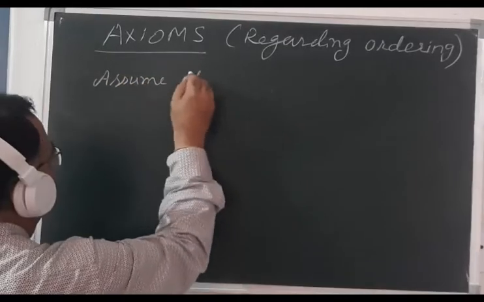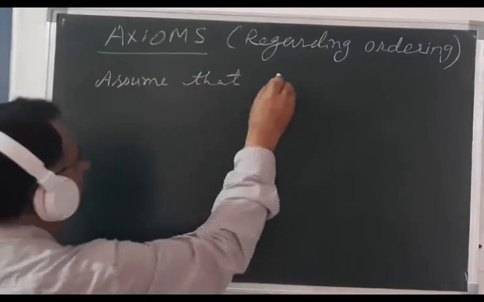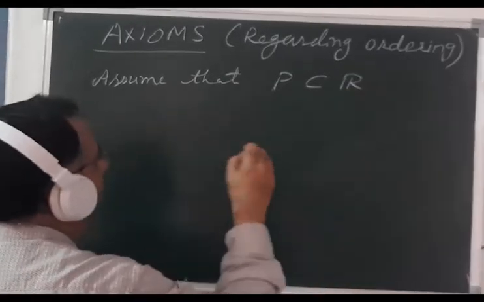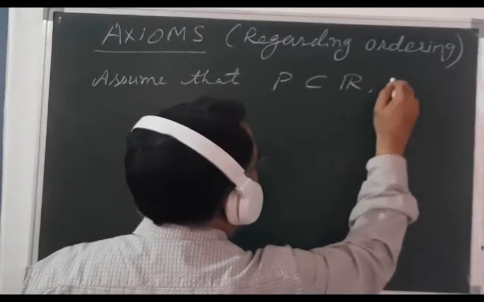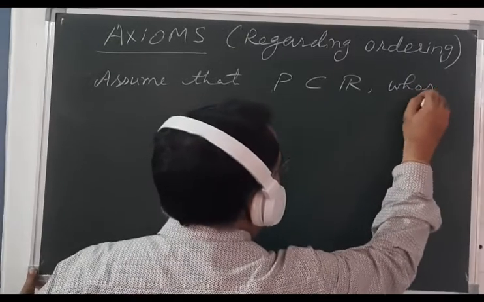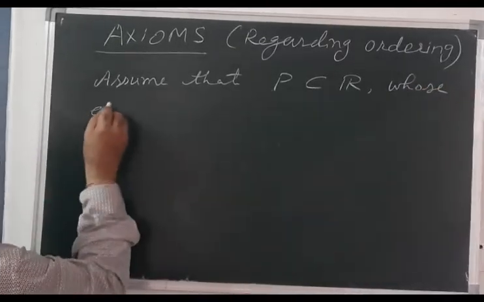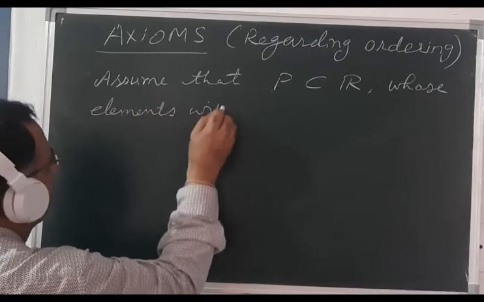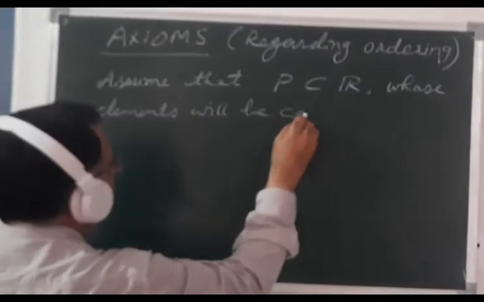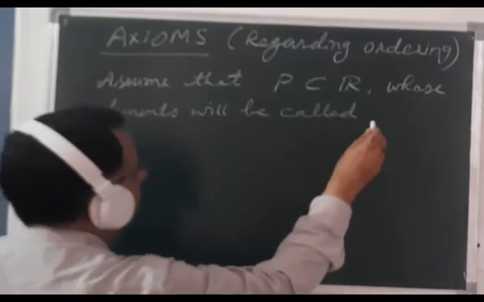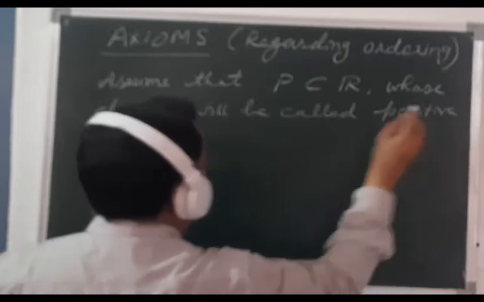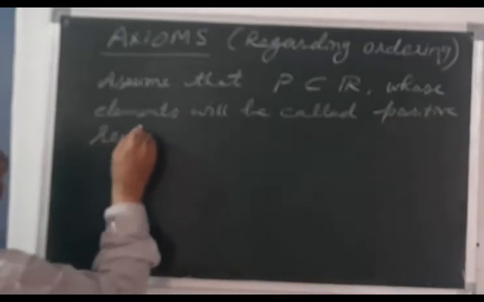Assume that P is a subset of R whose elements will be called positive reals.